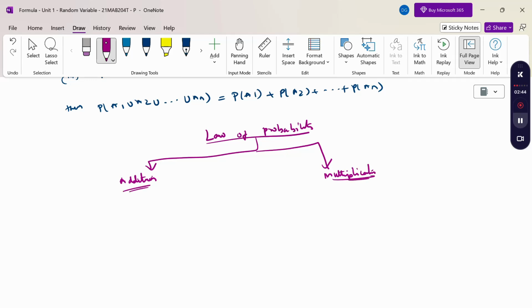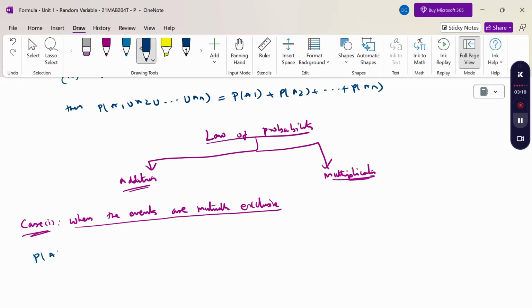In the addition law, there are two cases. Case 1: when the events are mutually exclusive, probability of A union B equals probability of A plus probability of B. This is the formula when the events are mutually exclusive.